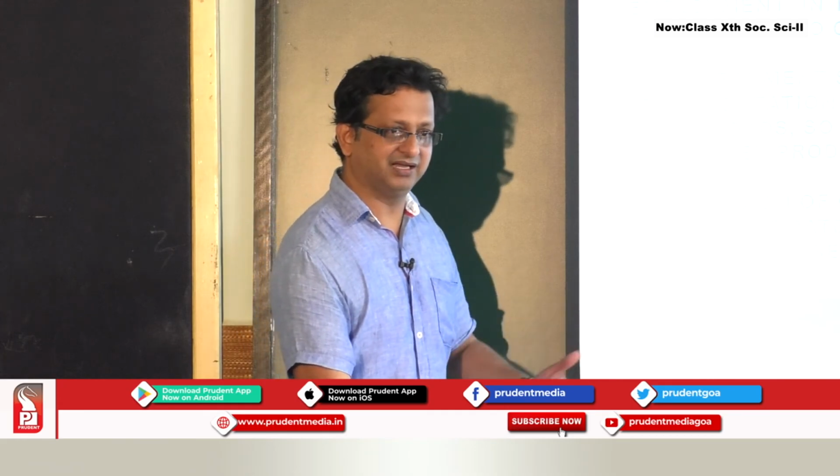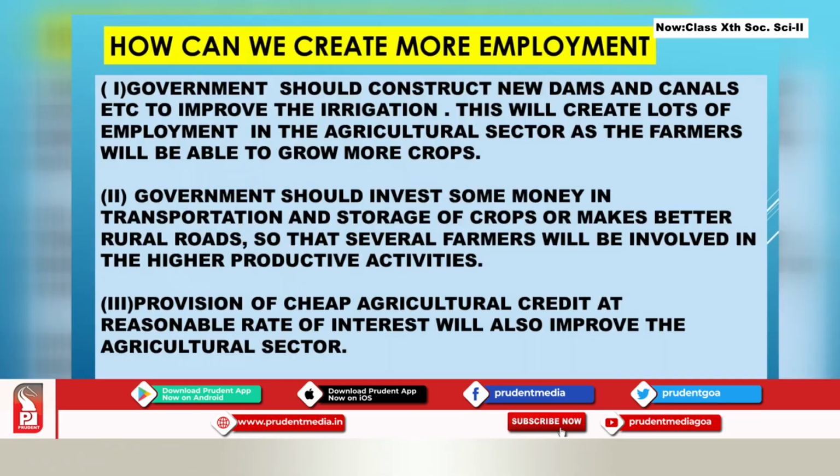Then creating agricultural infrastructure along with proper roads and storage facilities is also very important, so that farmers can store the stock of food grains and sell it in the market when the prices are high. So the government has to develop rural roads, provide storage facilities, and construct irrigation projects.